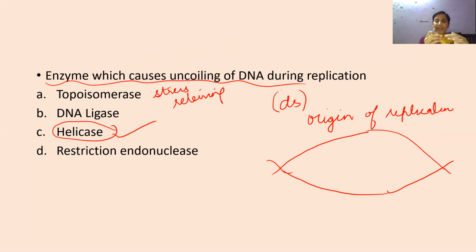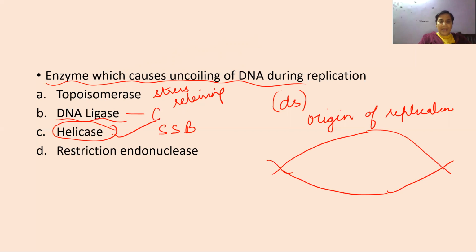So topoisomerases relieves the stress and strain caused in that double helix molecule, just to make the unwinding easy. Topoisomerases is a stress relieving enzyme, but helicases is an uncoiling or unwinding enzyme, along with SSB, single strand binding proteins.